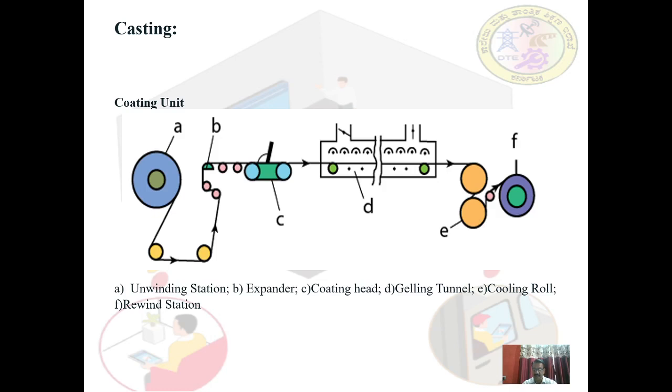The disc brake slows down the winding station, and the winding station enables the product to be held under tension. A smooth finish to the sheet is provided by the expander with the help of the coating head. The PVC paste is spread upon the moving sheet manually or mechanically.